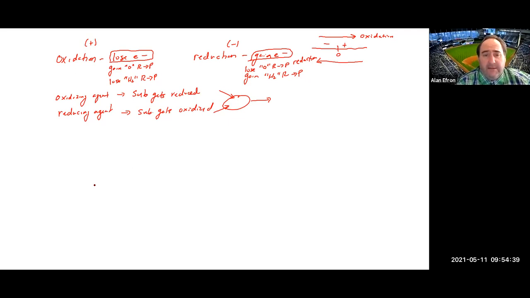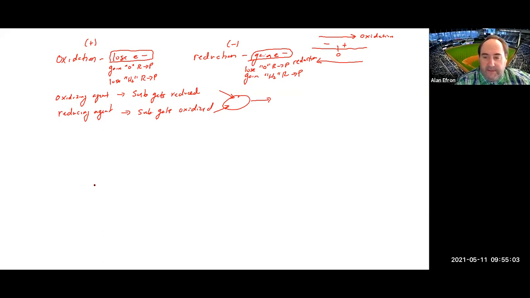As it gets oxidized, it's losing electrons, which causes somebody else to gain those electrons and become reduced. That's why it's referred to as a reducing agent. Sometimes people get those confused. An easy way to remember is that the agent is the opposite of the name.